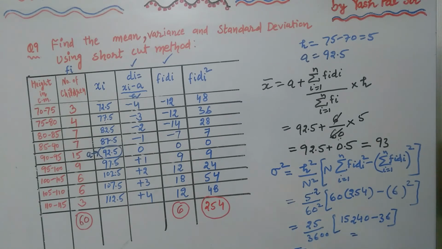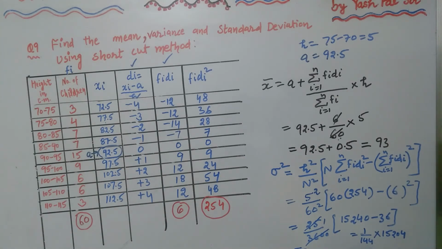This becomes 25 divided by 3600, into 15,204. 25 ones are 25, 25 over 144, into 15,204.